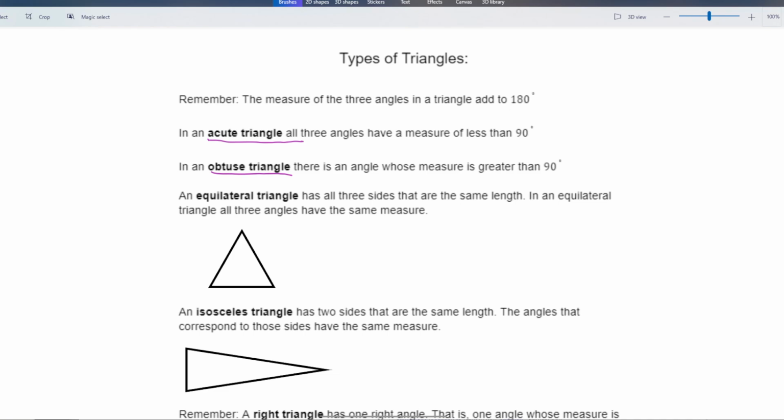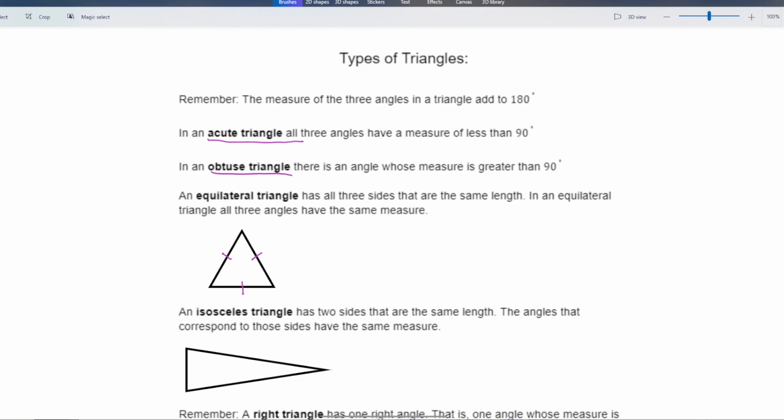Now there are some classifications of triangles that have to do with side length. An equilateral triangle is a triangle whose all three sides have the same length. So you can see in this picture here that all three of the sides look like they're the same length. You will often see that indicated in diagrams with a line like this to show that all of the sides have the same length.